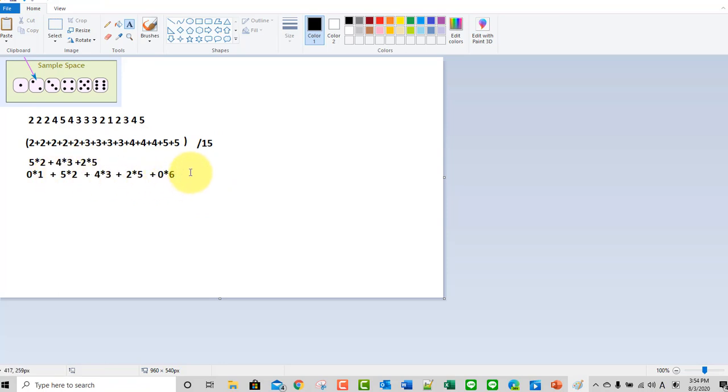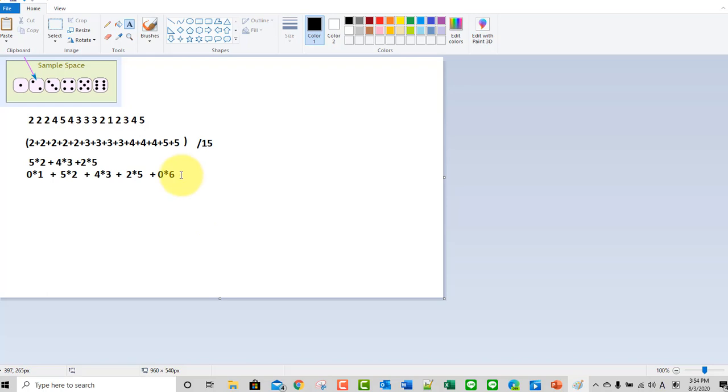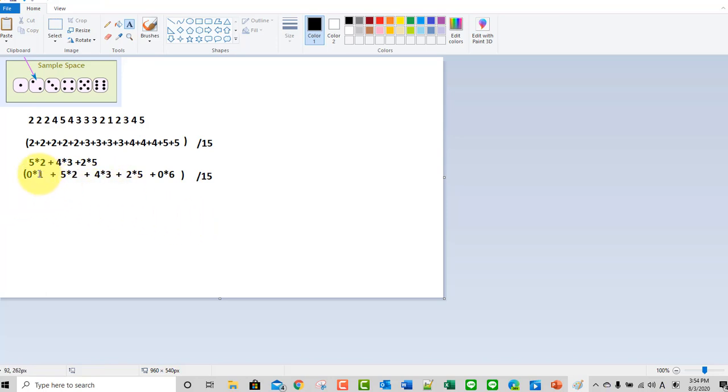So we'd have to do the same thing here. We'd have to divide this whole thing by 15. Okay, so let me do that. Divide by 15. But you know, in algebra, whenever you have something divided by 15, you can write each term separately and then divide by 15.